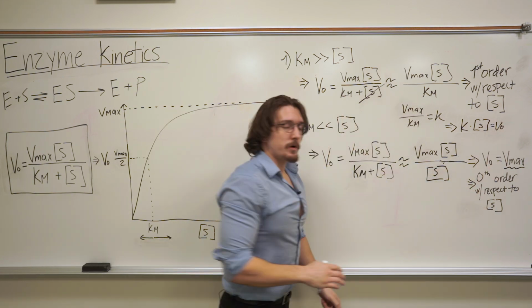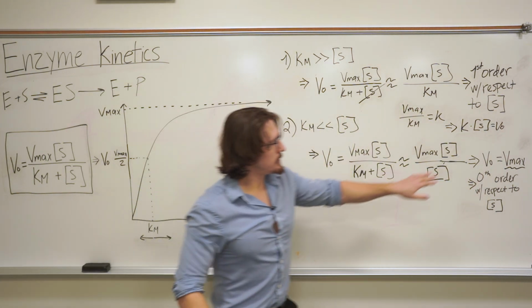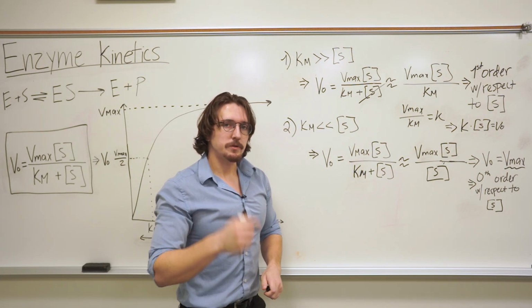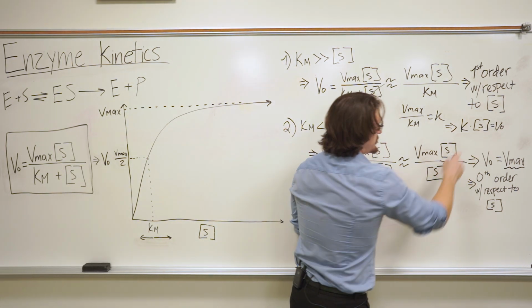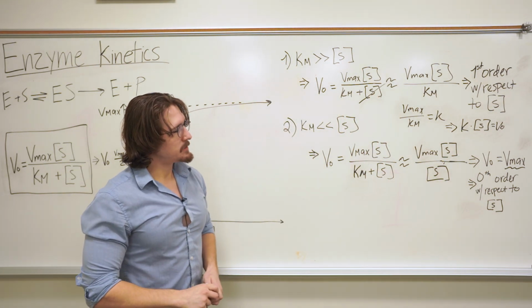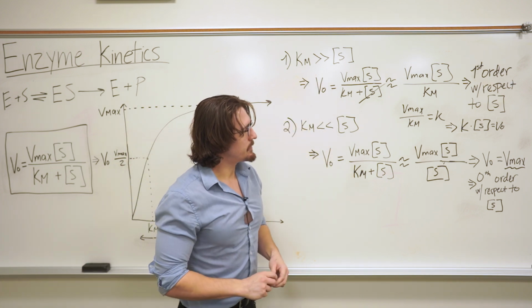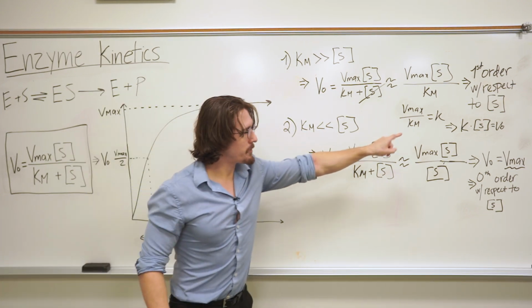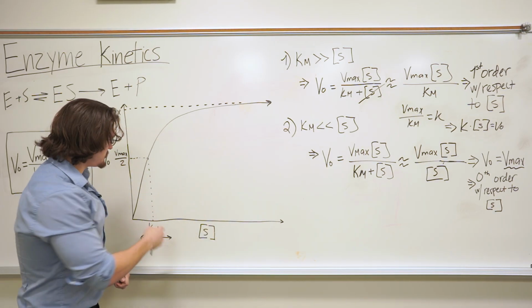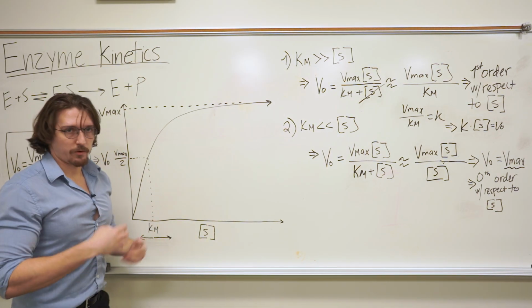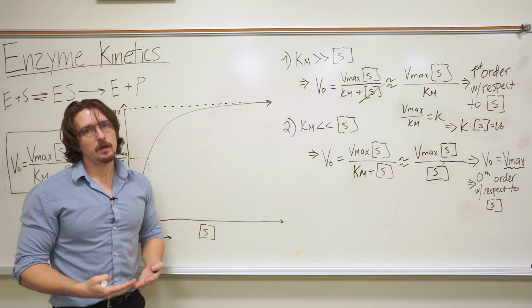If you recall from your chem courses, this looks like a rate law, specifically a first order rate law, where K is a rate constant and S, the substrate, is the reactant. So under these conditions, this reaction is first order with relation to the substrate. That means that if we double the substrate, we double the initial rate. If we quadruple it, we quadruple the initial rate, etc.